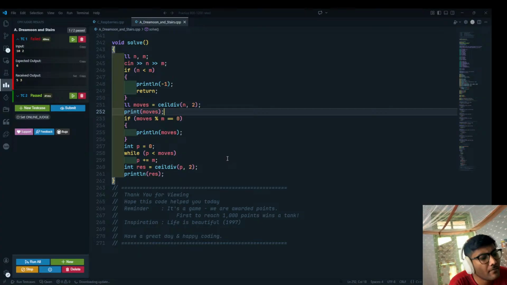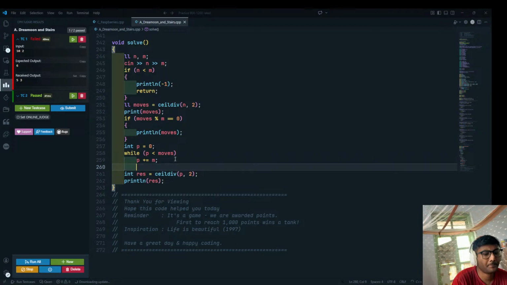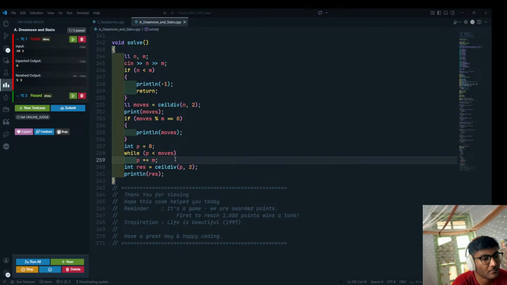Hmm. Print P. Okay, I think I should just print this P.